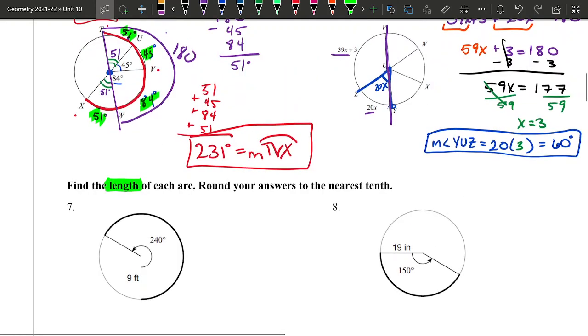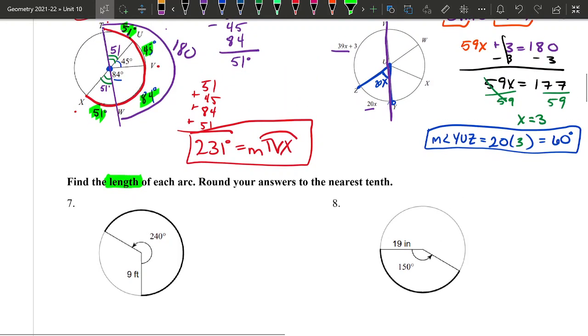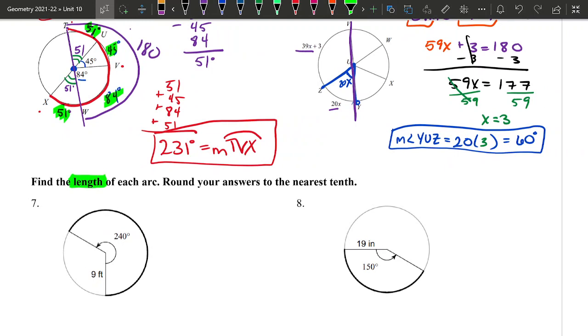All right, so the next section says to find the length of the arc. So this is arc length, not arc measure. Very important you decipher the difference between the two. So arc length has a formula.